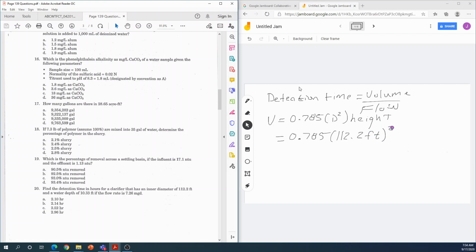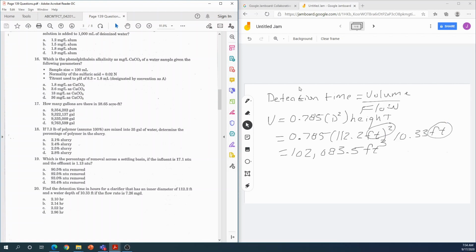Our height was 10.33 feet. This is going to give us a volume of 102,083.5 feet cubed. So we had feet squared and feet, so our volume is going to be in cubic feet.